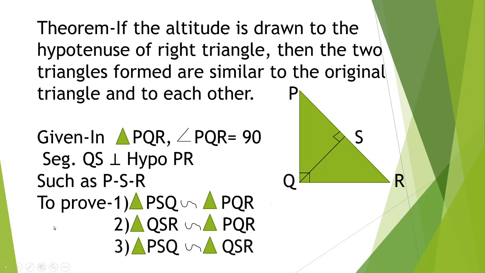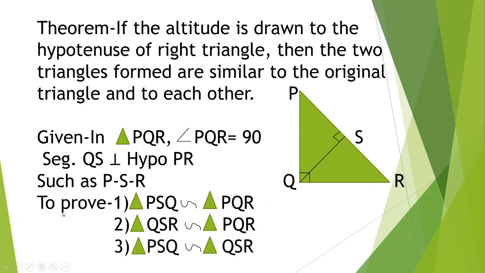Now to prove, in the theorem you have to prove the triangle formed by QS, that is PSQ, is similar to the original triangle PQR. The second triangle formed, QSR, is similar to the original triangle PQR.